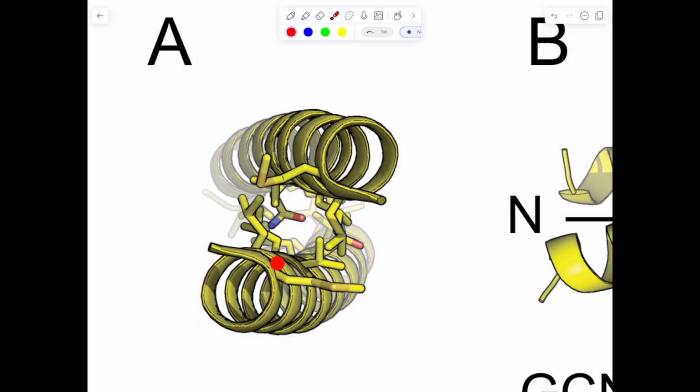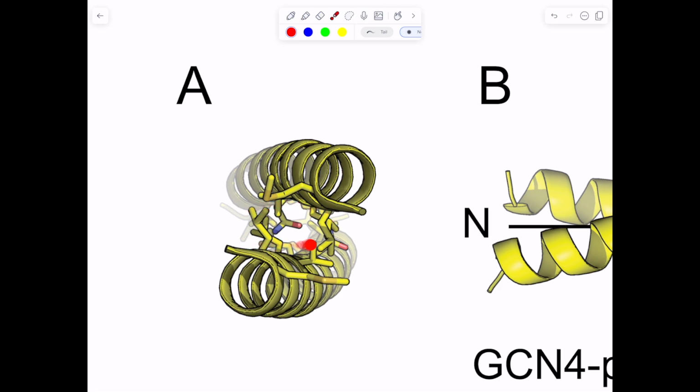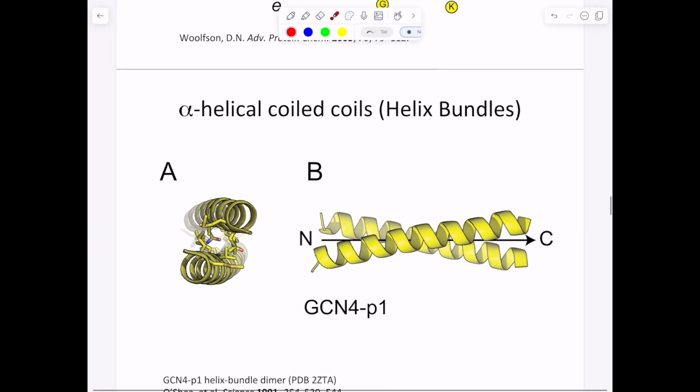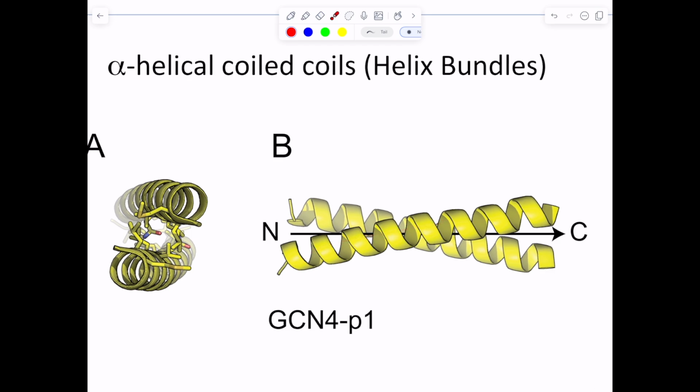One turn down, a leucine residue is packing against another leucine residue, and so on as we go down each helix. So the interface between the two helices is nonpolar, and if you look at this from the side, you have two peptides that are twisting against each other.